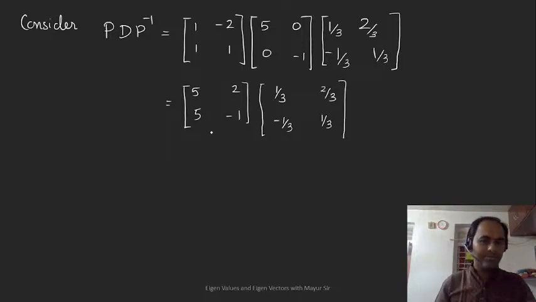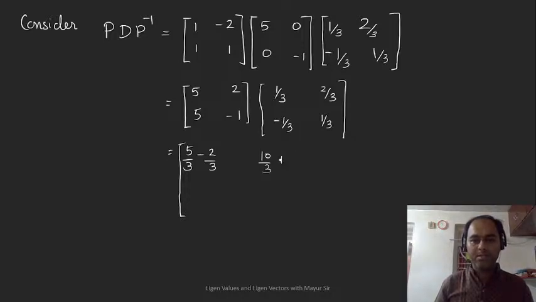When you perform this multiplication, you will get 5 by 3 minus 2 by 3, and then here you will get 10 by 3 plus 2 by 3. Then there is 5 by 3, and then there is plus 1 by 3. Here you will get 10 by 3 and minus 1 by 3.